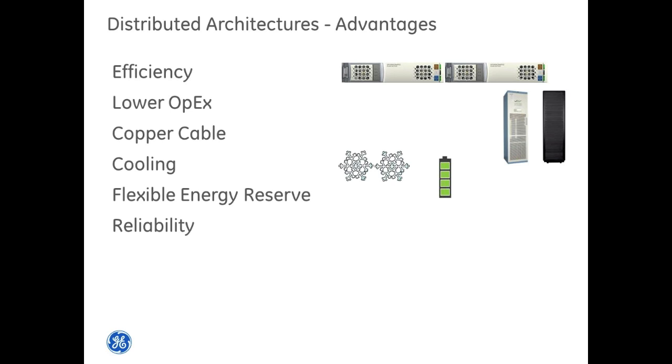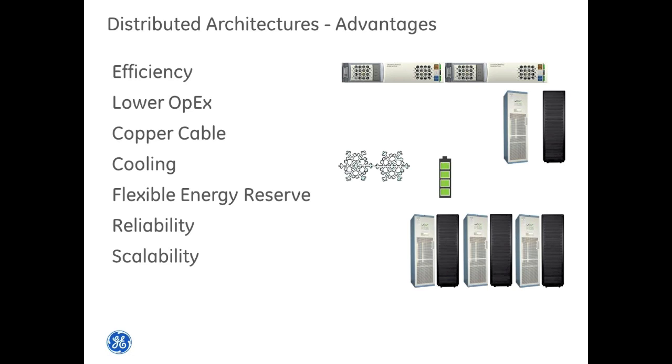I can now provide only what each piece of equipment actually needs. Reliability. If I break down my user group into smaller chunks, then my reliability is actually improved, providing that I've got the appropriate redundancy strategy both within the power system and also within the overall telecommunications system.